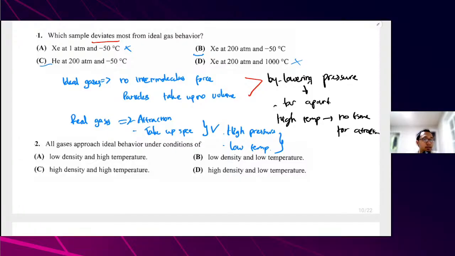Let me open the periodic table first. If you look at the periodic table, helium and xenon, xenon has a bigger size than helium. Helium is small, so it will have less deviation.